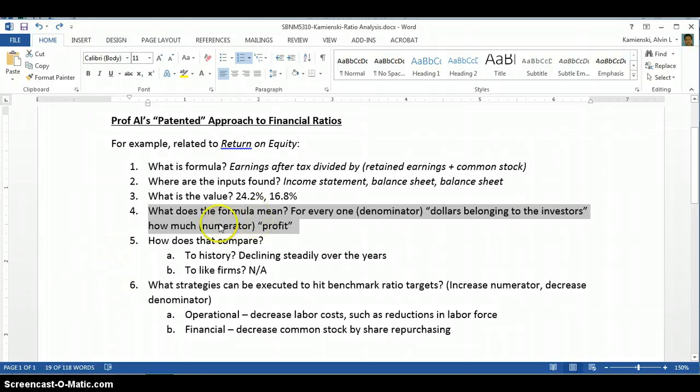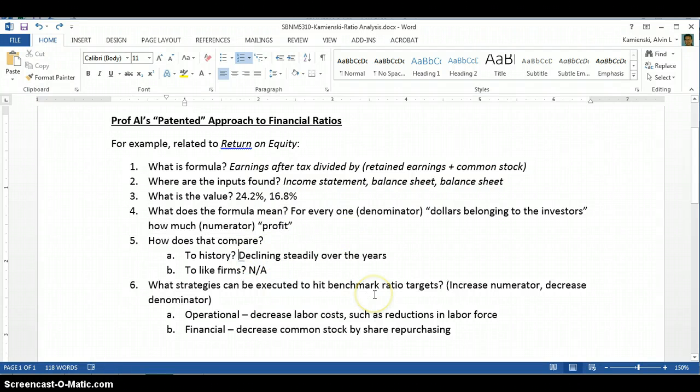How much? Numerator. In this case, the numerator is earnings after tax, or profit. So return on equity can really be thought about if I, as an organization, am maintaining investors' money through the sale of common stock, through the retention of their profits, how much new profit do I create for them, or the return to their equity investment?